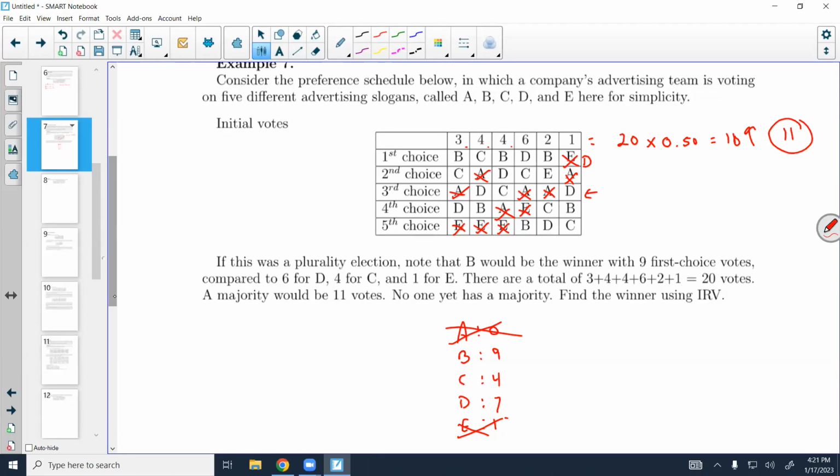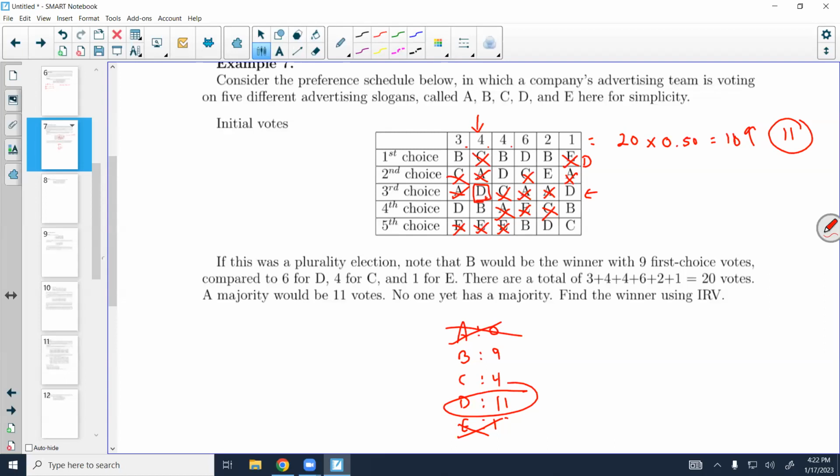C had the least amount. Get rid of the C's. And now this D is the top vote for this particular group. And that's 4. So we add that 4 to the 7. And now we have 11. So D wins.